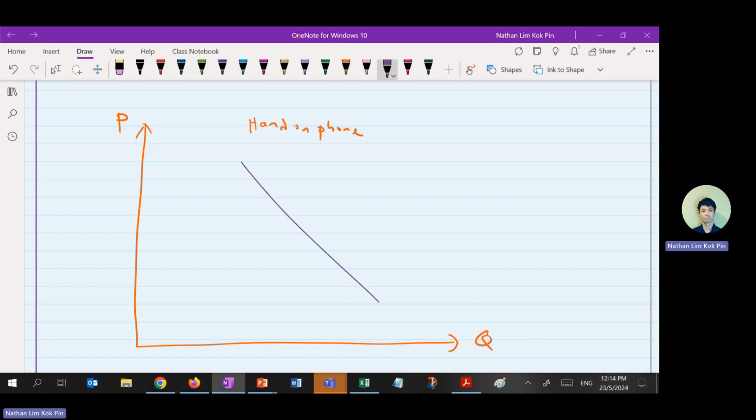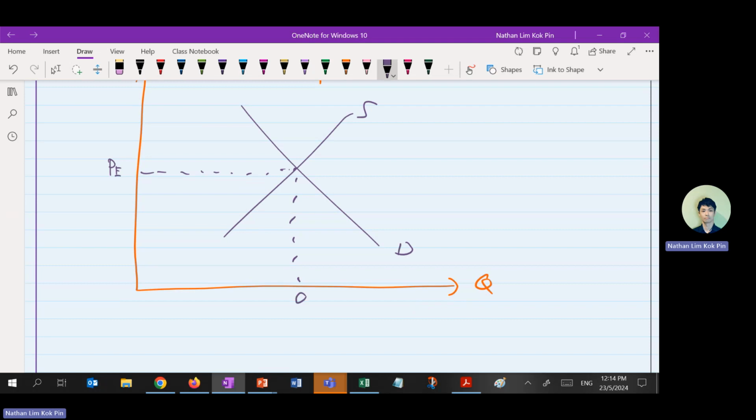So I just draw one demand and one supply like that. Then first of all, I draw my equilibrium price and equilibrium quantity. Can you follow so far?